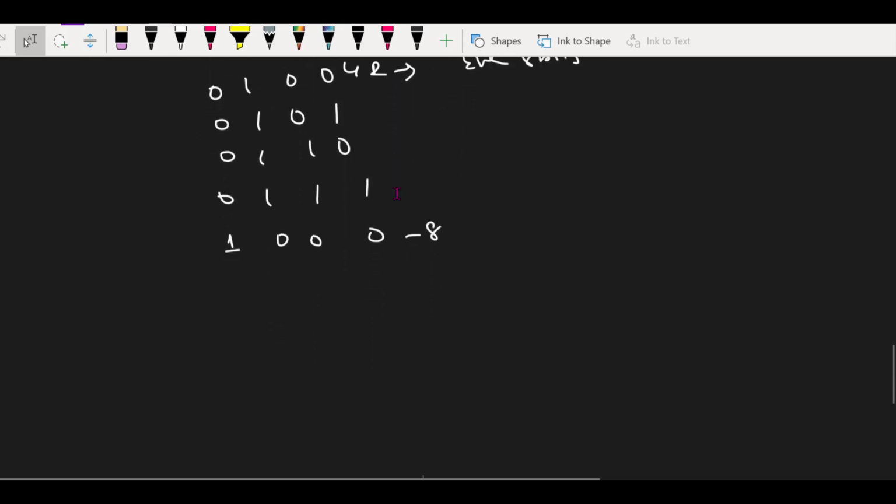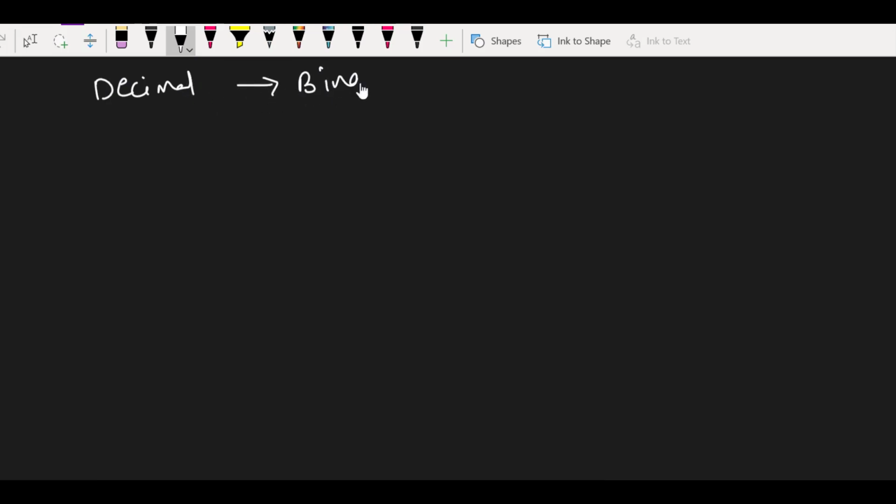Okay, now we'll see how to convert decimal to the binary system. There are 2 methods.